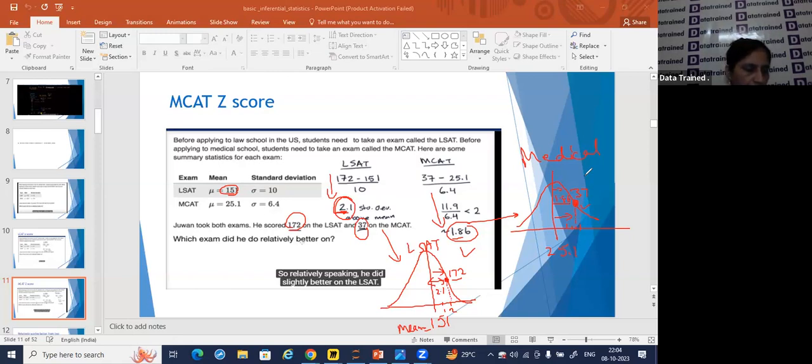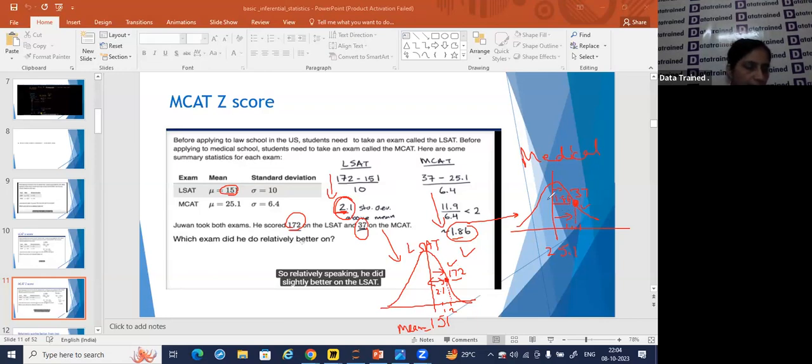Those who are responding LSAT examination, they are correct because the student's marks are 2.1 far away from the mean. So it means they are doing very well. But in the medical examination, it is only 1.86 above the mean, so the marks are not as far away from the mean.